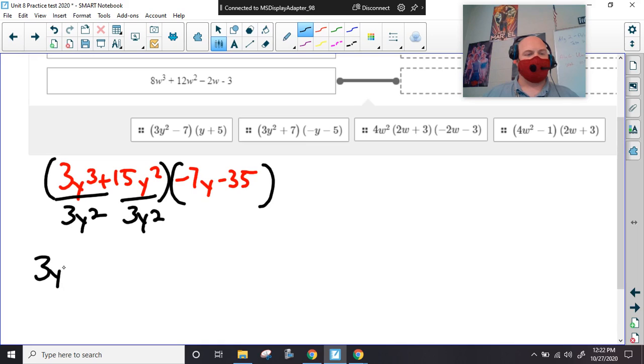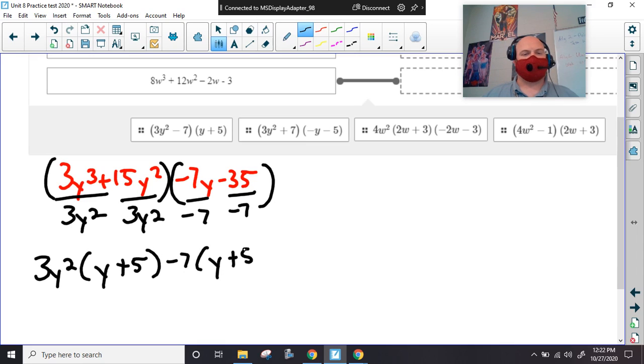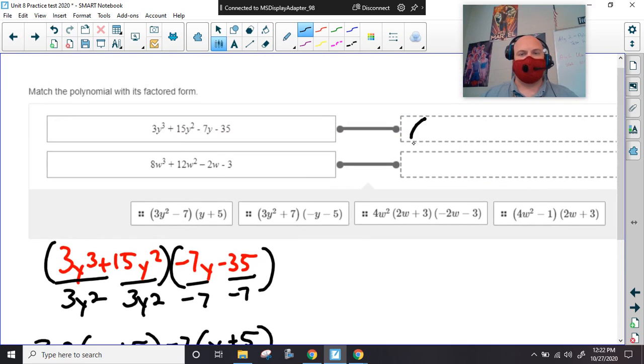So I'm going to have 3y squared, y plus 5, negative 7, y plus 5. All right, so this should end up being 3y squared minus 7 times y plus 5, okay, which is this one right here.